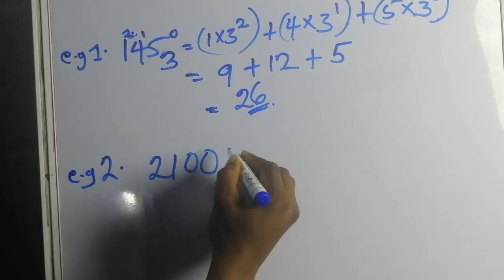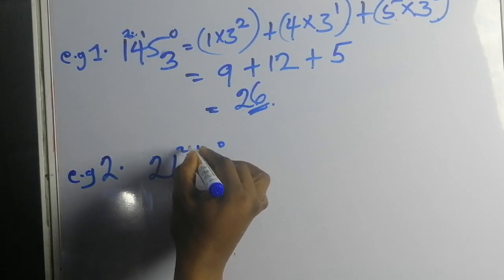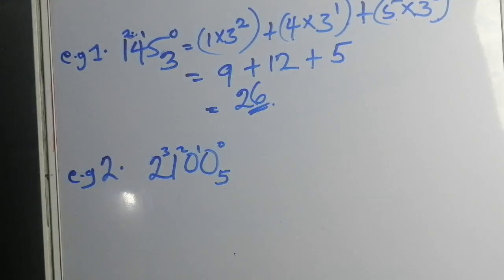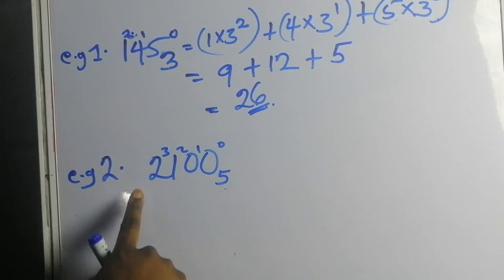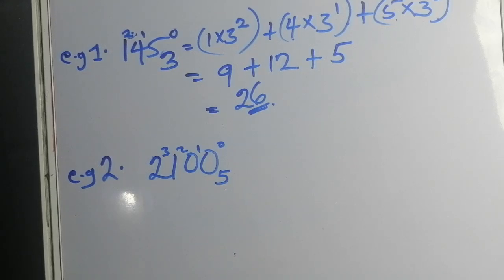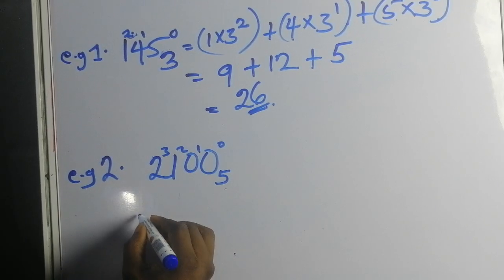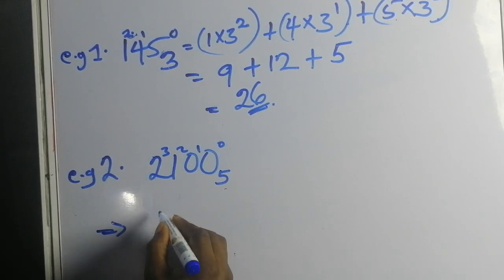Base 5 means this one can be 0, 1, 2, 3. The highest I can go here is 4, but the number we have here is not up to that, so it doesn't matter. We've been able to follow the normal sequence and process.